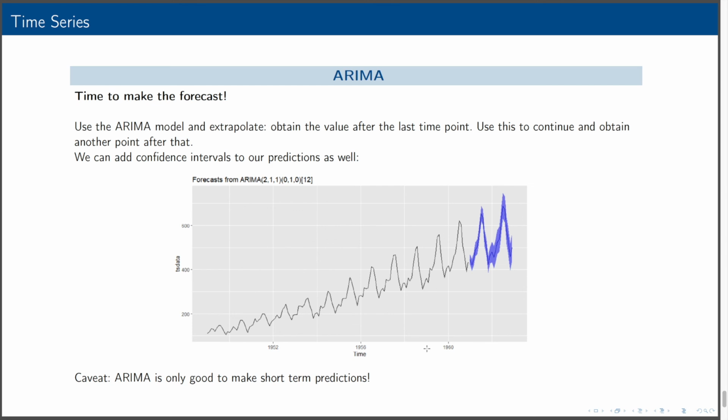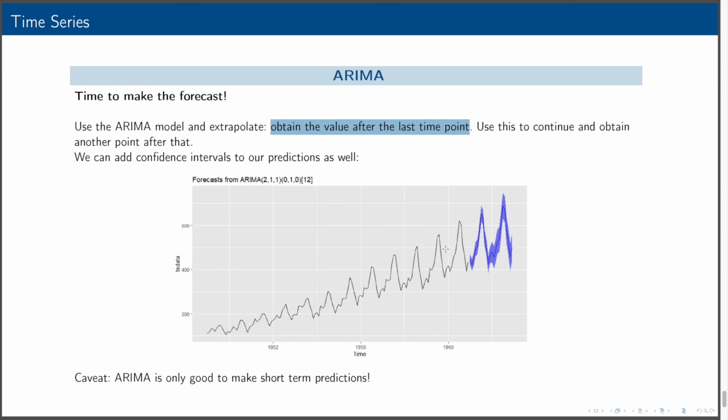How do we forecast, which would be the last step? Well, we use the model we created. We have a linear model, and we need to start extrapolating. You obtain the value at the last time point, and you use it to predict the next data point, and then the next, going one time step at a time.